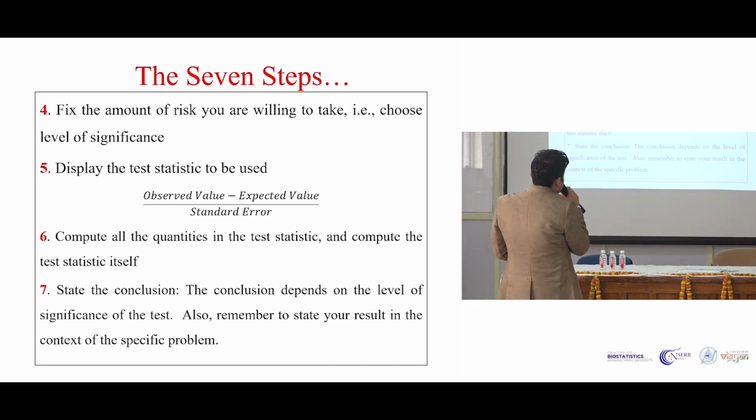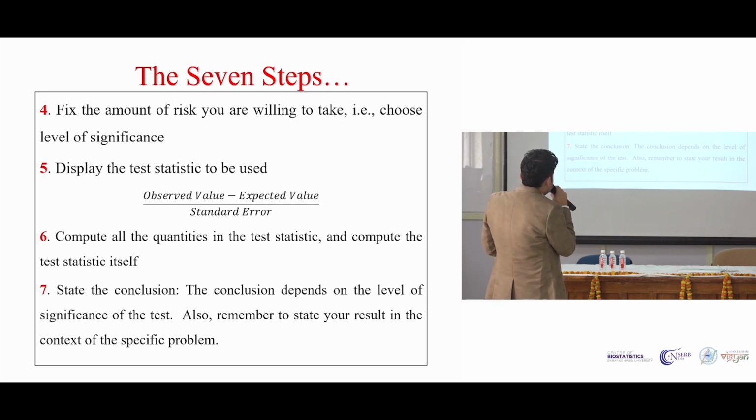So in general, whatever the distribution we are using, more or less we are using this formula: observed value minus expected value divided by standard error. Whether you are using z, t, or chi-square, more or less in general we are using this formula.